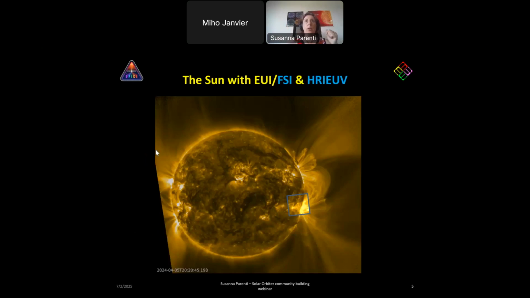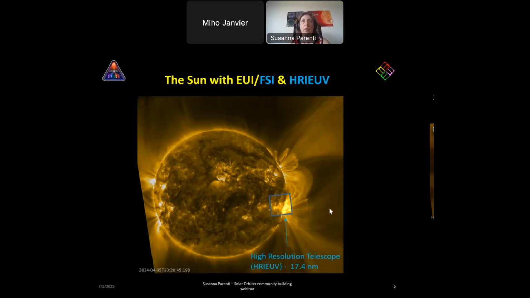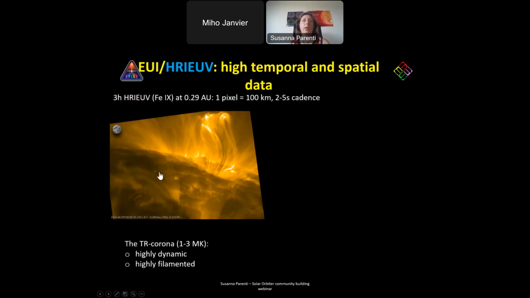Okay, so let's go into the high resolution data. You have a nice full Sun image from EUI with the field of view of HRI EUV, the high resolution telescope. This is a sequence done at perihelion, which means you have one pixel of about 100 kilometers with a cadence between 2 and 5 seconds.